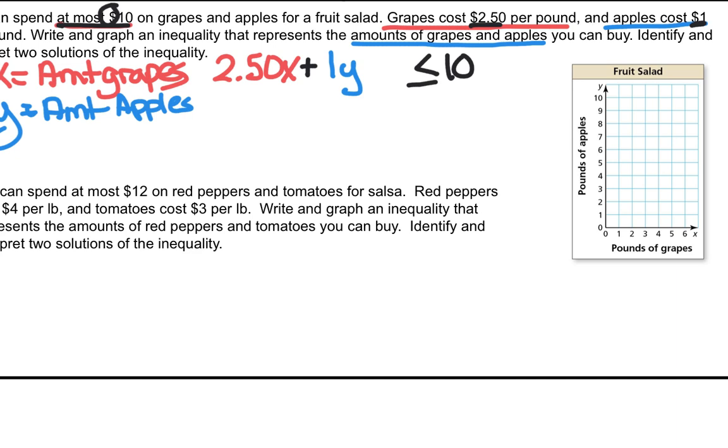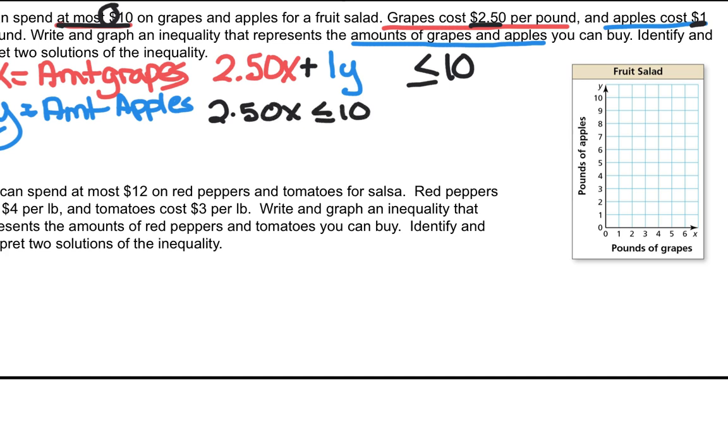So if you want to put it in slope-intercept form, or we could do x and y-intercept. Up to you. Let's practice x and y-intercept for a little bit. My x-intercept would be, 2.50x less than or equal to 10.